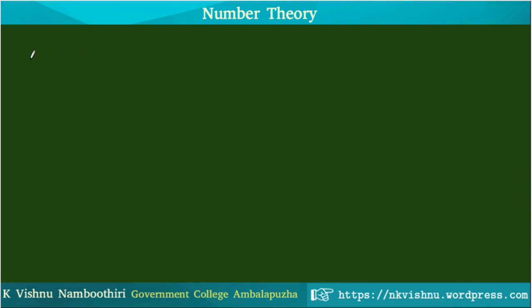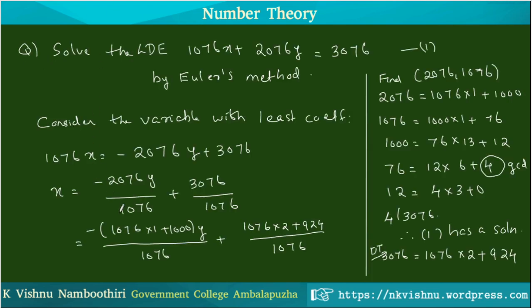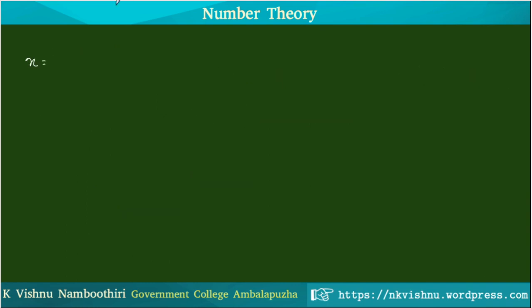So x is equal to minus y plus 1000 by 1076 y.